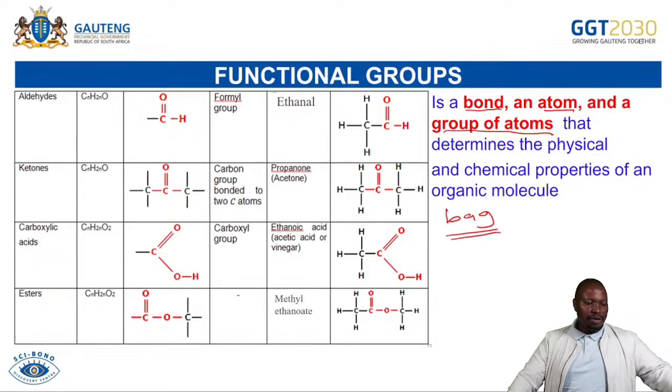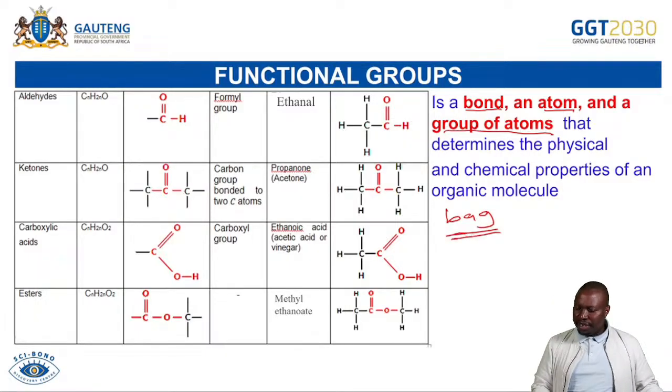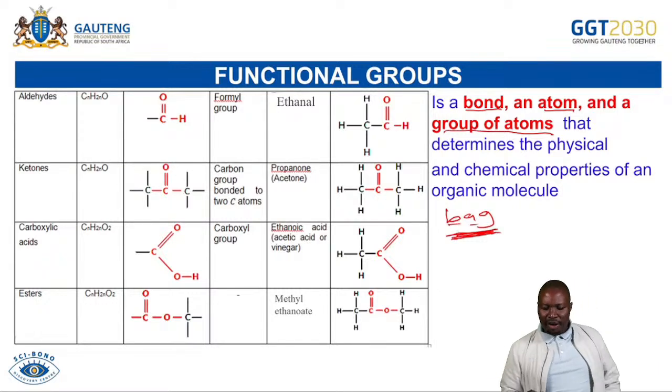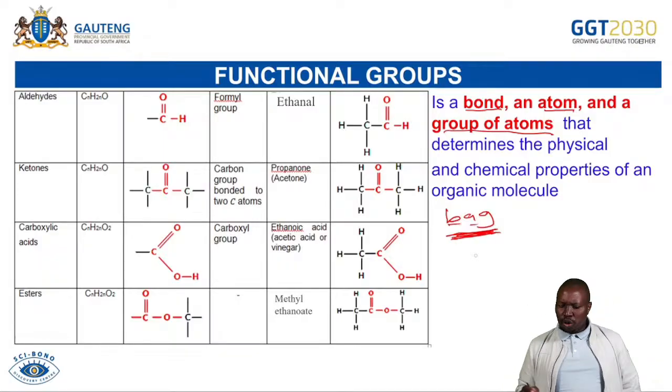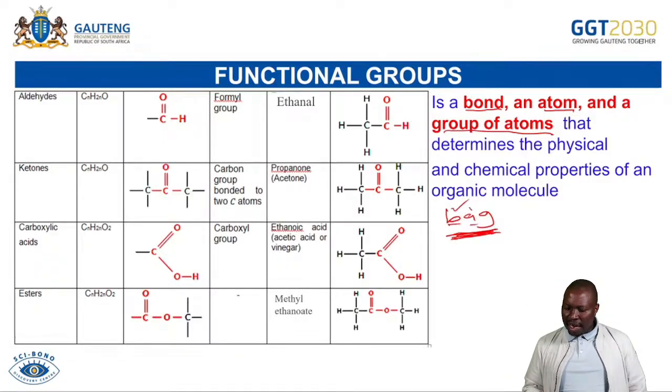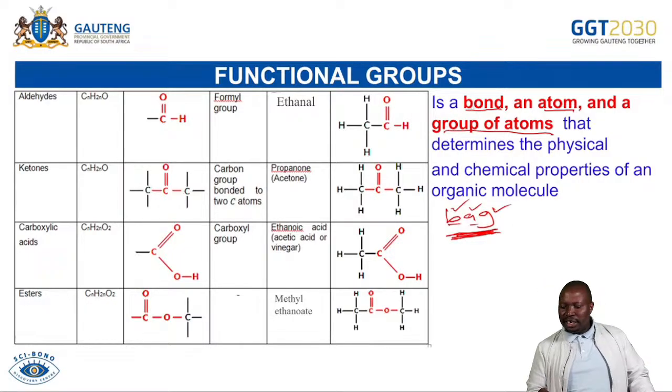We shy away from giving you this shortcut of saying it's a bond, it's an atom, because learners tend to write this. When I say it's a bag, I'm making it so that you always remember, but it's not something that you can write in the paper. So we are saying it's a bond, it's an atom, it's a group of atoms for you to remember. But as you are writing the definition, you always write it in full.